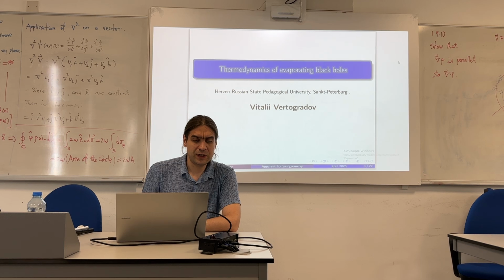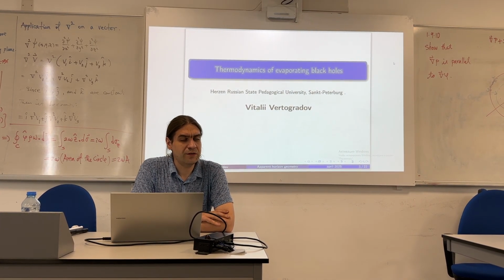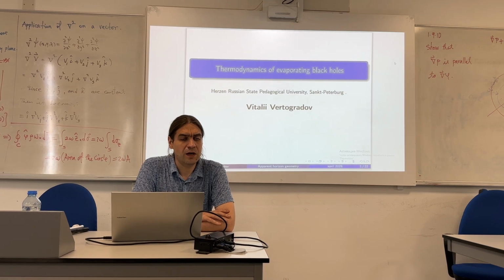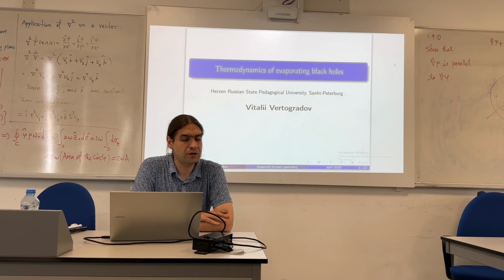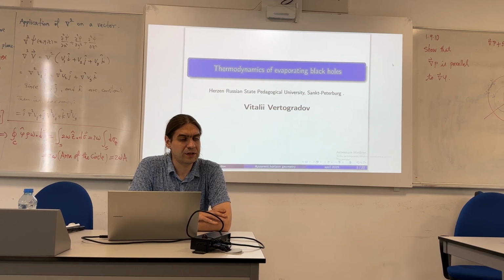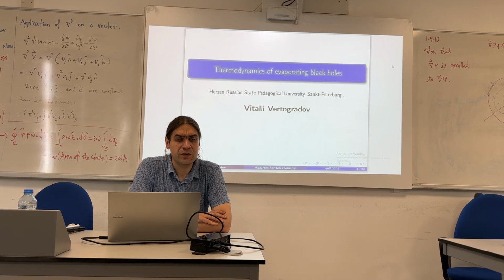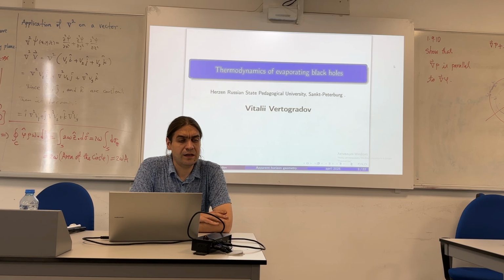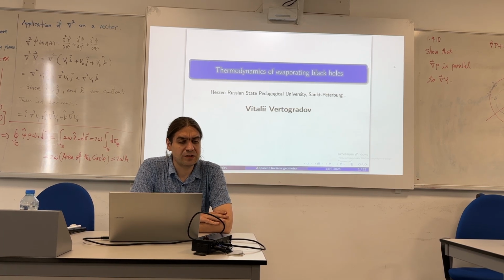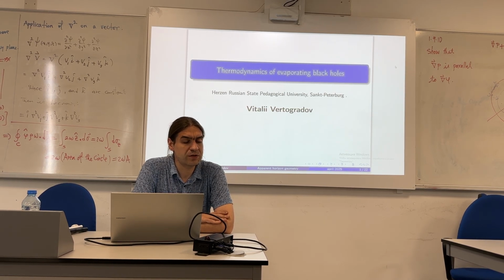The second part is devoted to regular black hole formation. Mostly I was interested in how we can obtain this regular black hole core from usual barotropic matter. Because if we consider a usual massive star, which undergoes gravitational collapse, then some phase transition should happen there to form this exotic matter which supports the regular center.